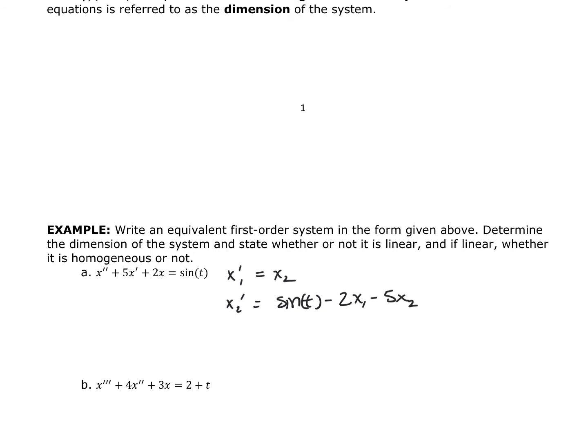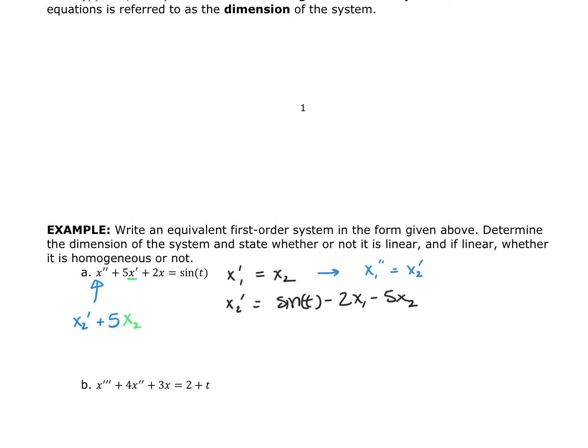And you're thinking, how did that happen? Well, if we take the fact that x sub 1 prime is equal to x sub 2, then x sub 1 double prime must be x sub 2 prime. Oh, that means this can be replaced with x sub 2 prime plus 5 times x sub 1 prime, which was x sub 2, so that's 5 x sub 2.